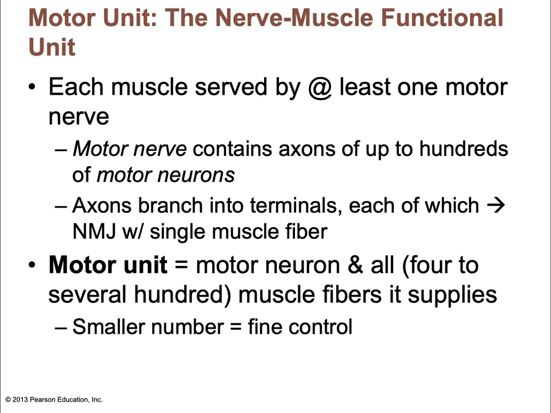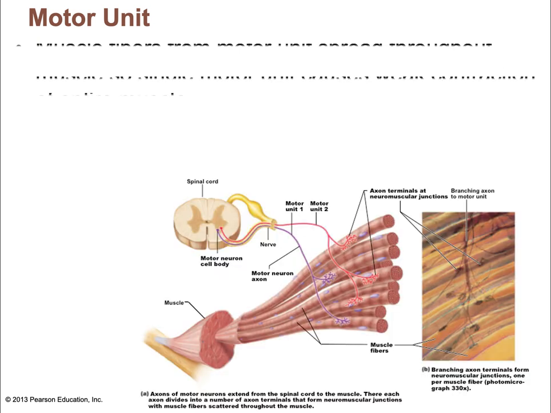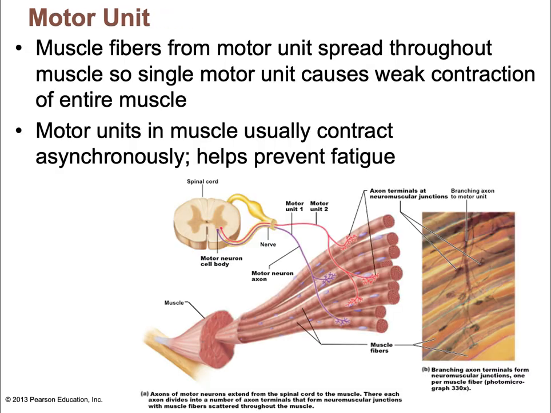So a motor unit is defined as a single motor axon, a single extension from a single nerve cell, and all of the muscle fibers that it talks to. You can see here how that looks.